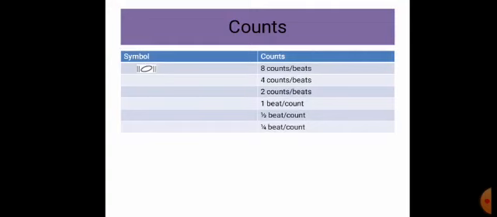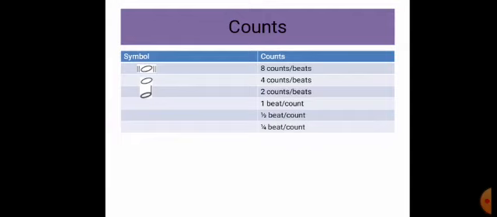It has 8 counts or beats. The semi-brief or the whole note has 4 counts or 4 beats. The minim or the half note has 2 counts or 2 beats.